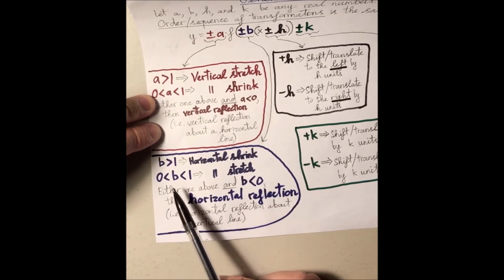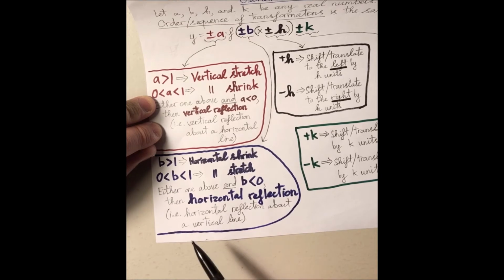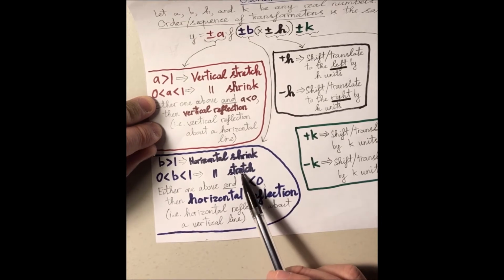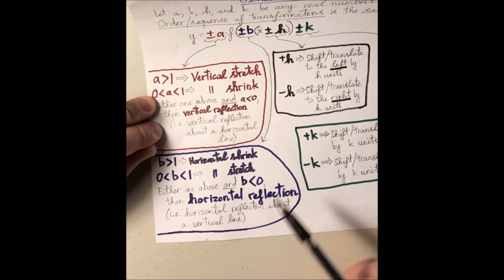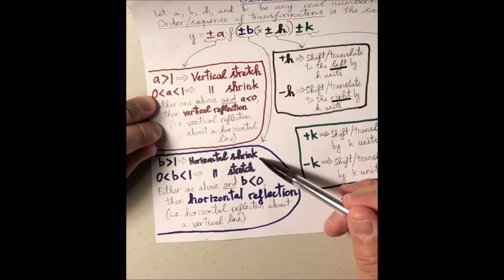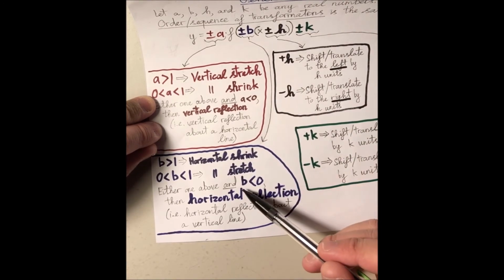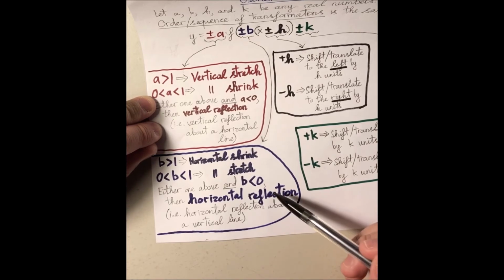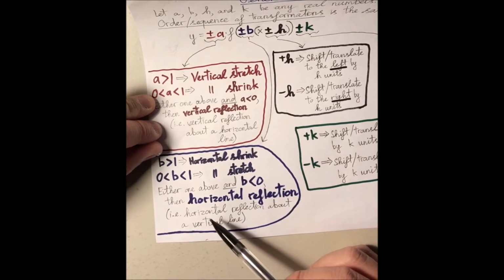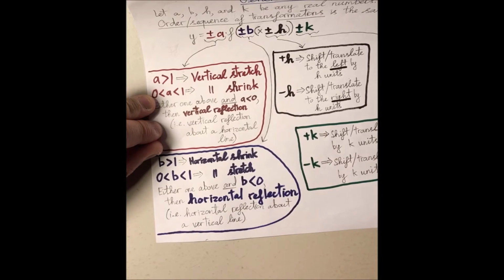In other words, if b is strictly between 0 and 1, then your function is going to stretch horizontally by a factor of however many. If you have either one of these two, and you also have the fact that b is a negative number, then at the same time, your function will also be reflected horizontally or reflected about a vertical line. In most cases, it's about the y-axis.